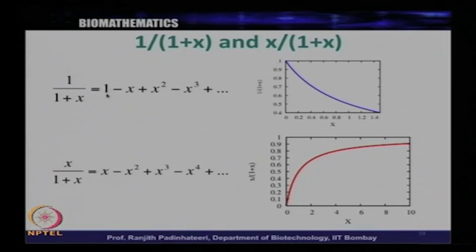So, 1 times x is x, minus x times x is minus x square, times x is x cube, times x is x power 4. So, then you get this function x minus x square plus and so on and so forth. And when you plot this, it looks like this.